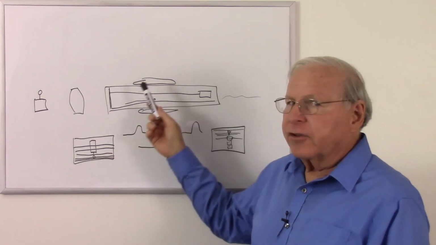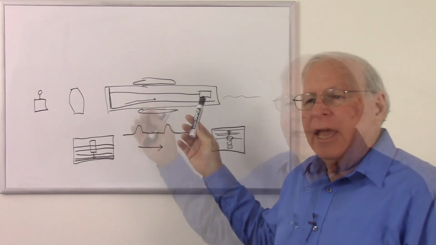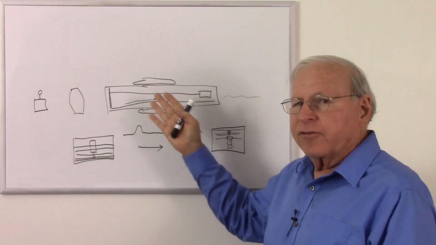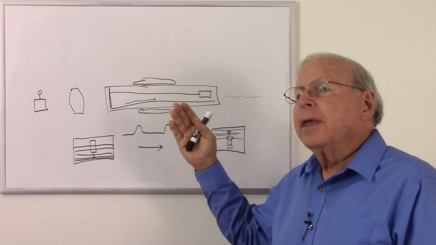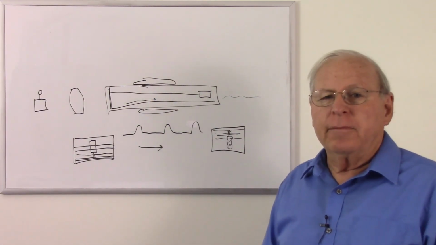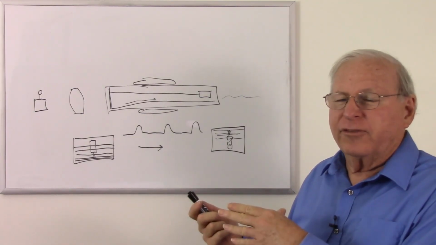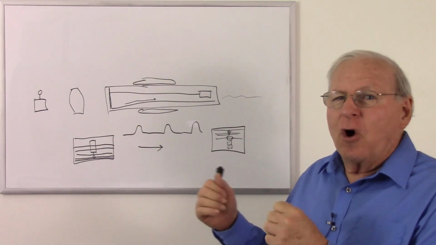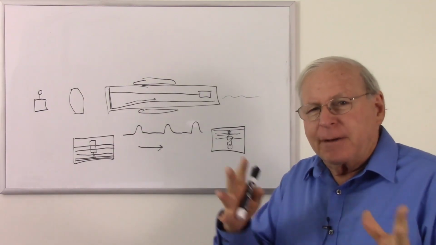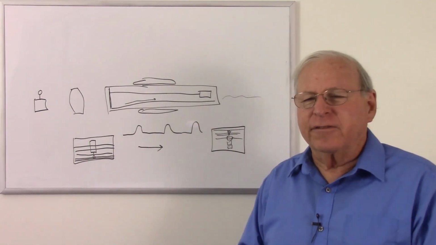Zworykin was working on a system, but he couldn't make it work. Then he was invited to Farnsworth's lab in San Francisco to see what Farnsworth was doing, because Farnsworth thought at the time that Zworykin was working for Westinghouse, which he no longer was, hoping that Westinghouse would pick up his idea and develop his television.